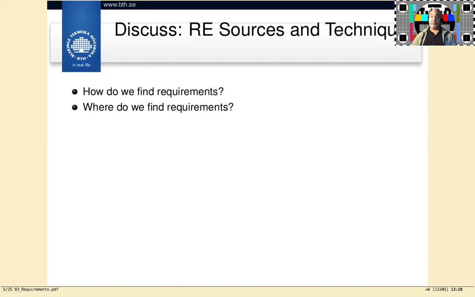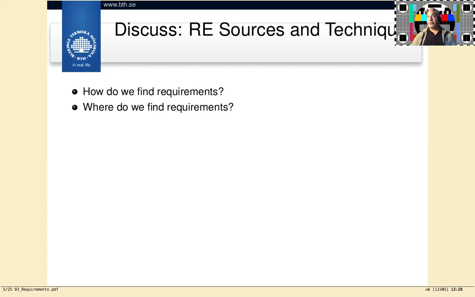The maturity of the product will also be an influence there. So if we have a product that's been around for a while, then our issue tracker is perhaps a good starting point to find new requirements. Talking to our salespeople, because they in turn, of course, talk to our prospective customers, so they know exactly why they can't sell our product, or they know exactly why they can sell our product, and that's also a good source for requirements.